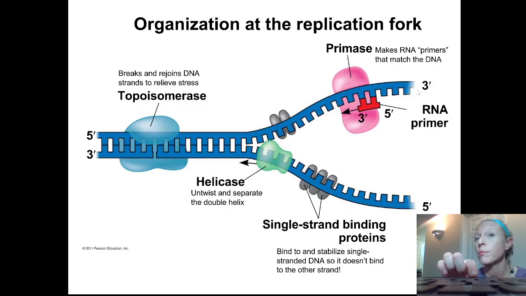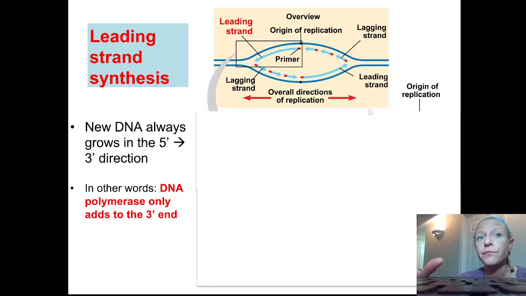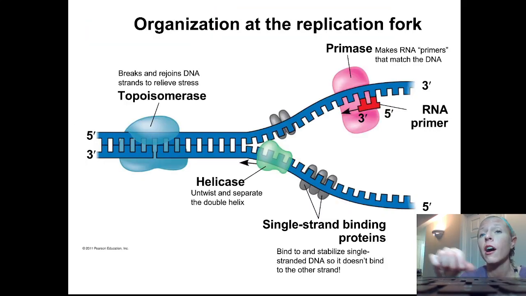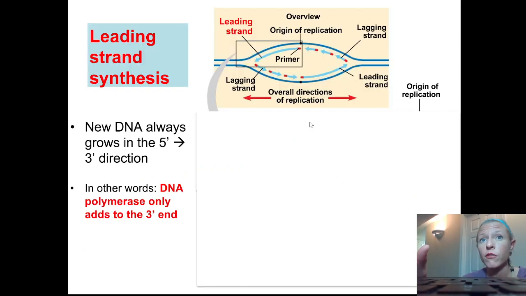And for the 3' to 5' strand, that's going to be the lagging strand, where we're going to end up using our DNA polymerase 3 to synthesize our new strand, our DNA polymerase 1 to replace our RNA primers with DNA, and then our ligase to seal together those Okazaki fragments.